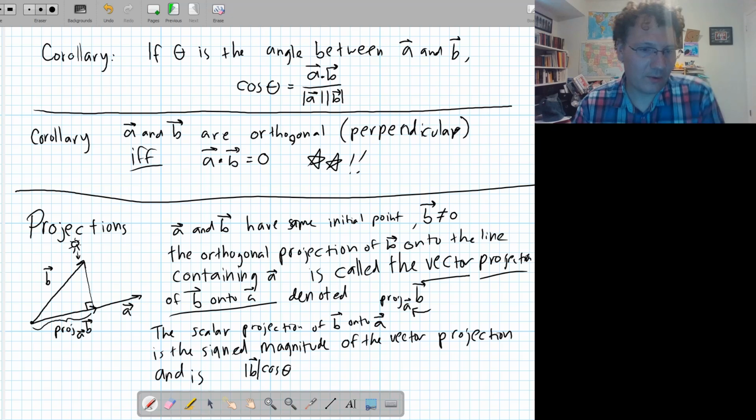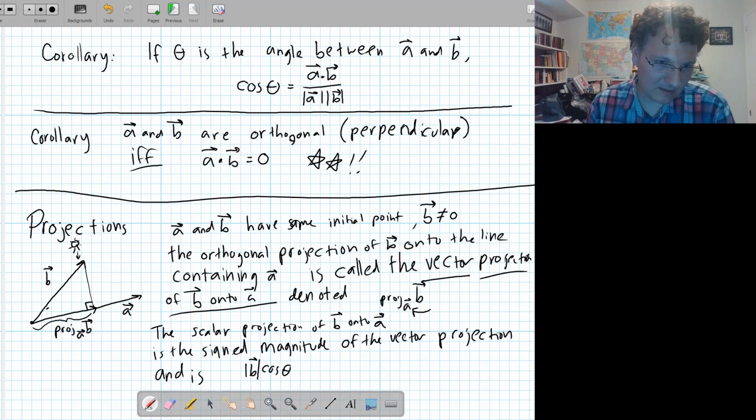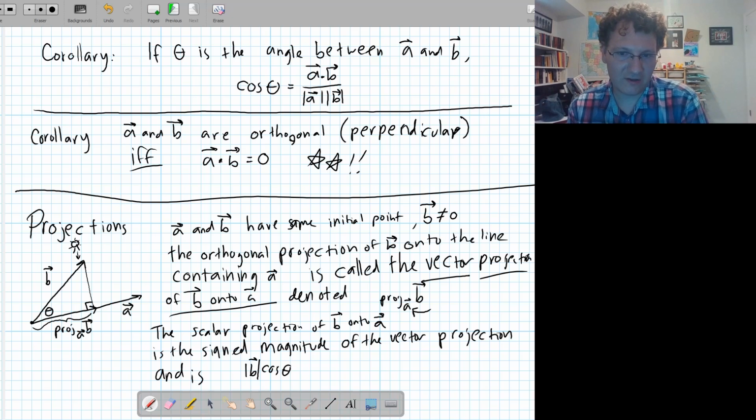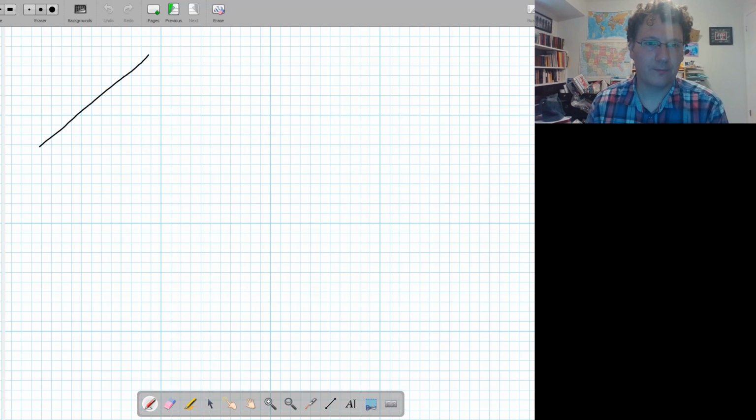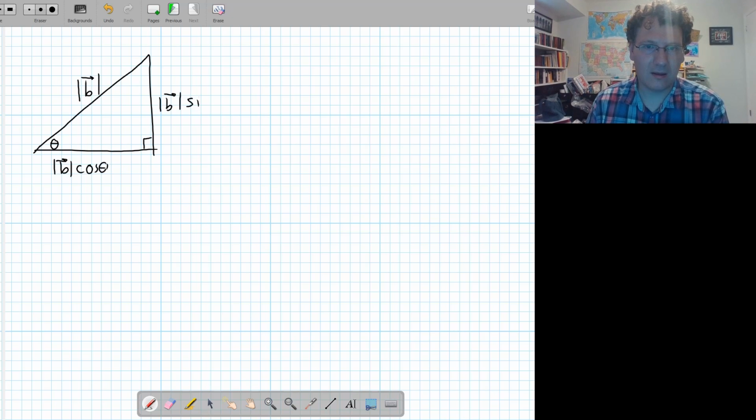Now here it's pretty clear to see that that is the case if you just look at this triangle that I've formed. The length of the vector projection is going to be magnitude b cos theta. Because if you create a triangle with this side of length magnitude b and this theta and a right angle, then this side is going to be magnitude b cos theta, and this is going to be magnitude b sine theta.